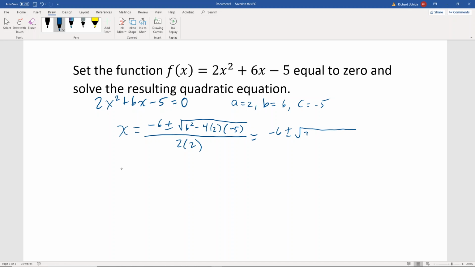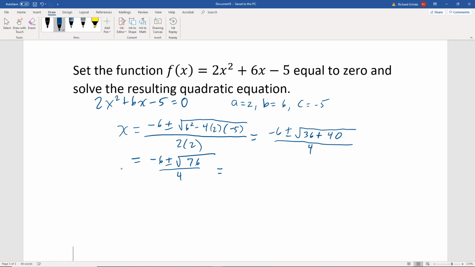Let's see, that would be 36, and then -4 times 2 times -5, so that would be plus 40. All over 2 times 2, so that would be 4. So that would be -6 plus or minus the square root of 76 all over 4.